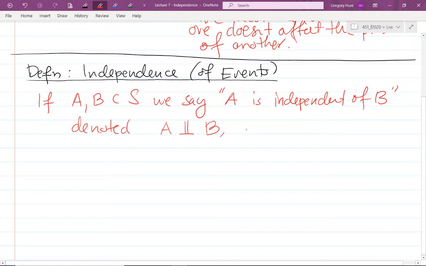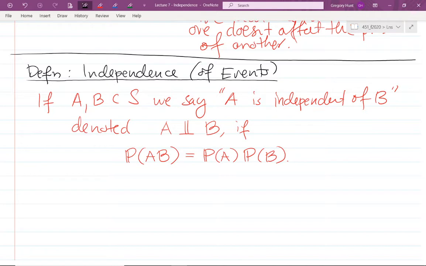We say A is independent of B if the following condition is satisfied: the probability of AB is the product, the probability of A times the probability of B. So independence formally for two events is a kind of distributive law.